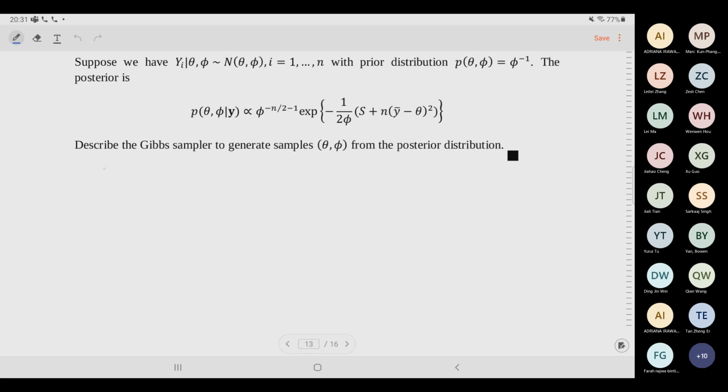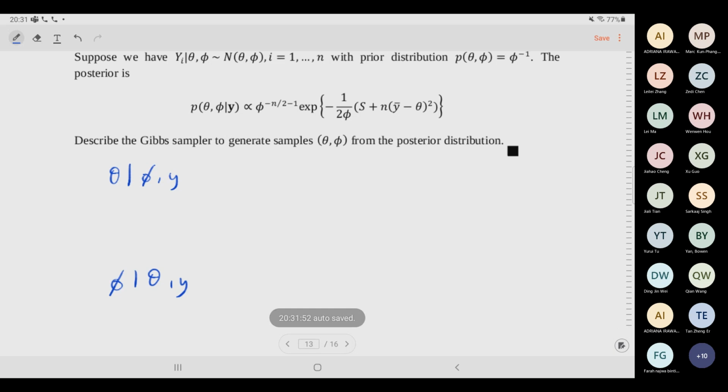The first conditional distribution is theta given your parameter and your data. The other one is phi given your theta and your data. Meaning that you have to find the conditional distribution of each parameter given the rest. The rest means the other parameters and also the data.